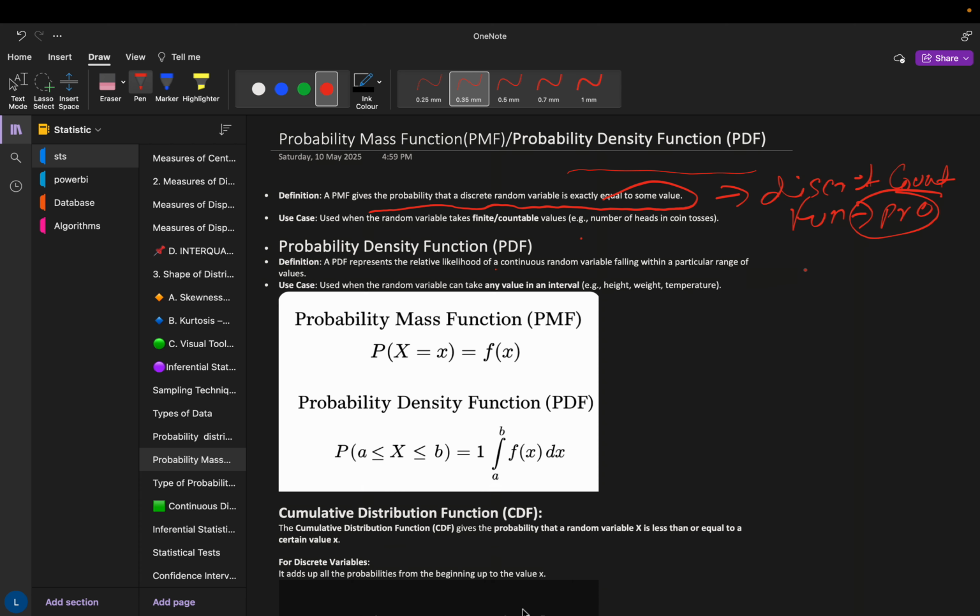It is known as probability mass function. Probability mass function shows the probability of each possible event, and you can simply use the formula to get your probability.